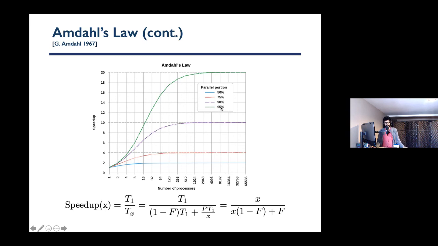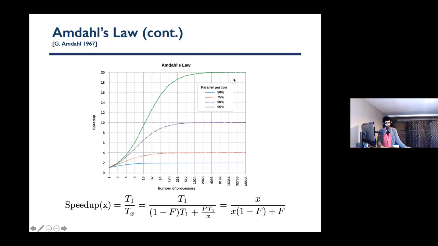Even in that case, if I give you 65,000 cores, the maximum speed up is up to 20. That's pretty daunting. It's way different than a linear model, where you would get 65,000x speed up. Amdahl's law tells you that no, don't get your hopes high. Max you can get is 20.